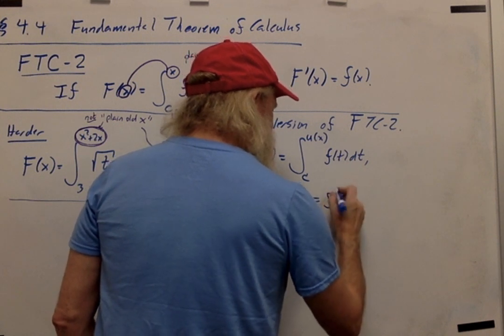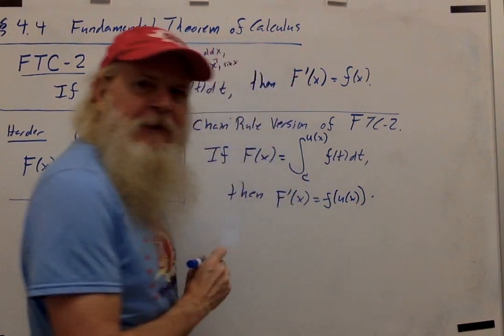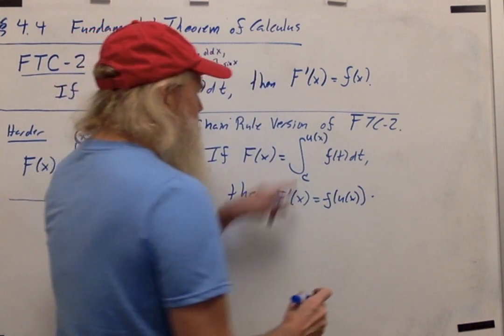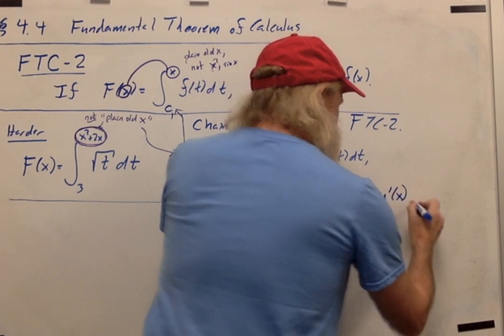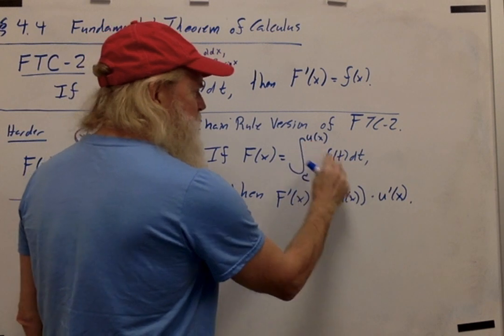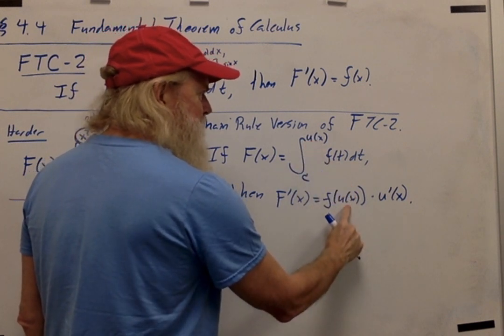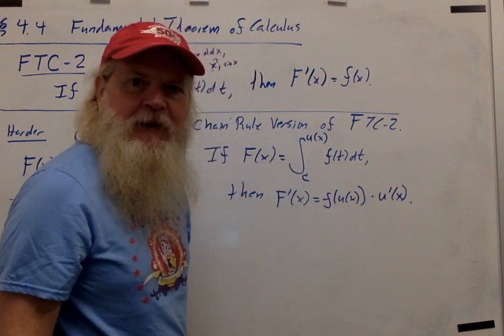So that'll be f of u of x, but then you multiply by the derivative of the inside, where this is considered the inside. So the derivative is obtained by taking the expression up here, substituting it in for t, but then you multiply by the derivative of whatever is up here.